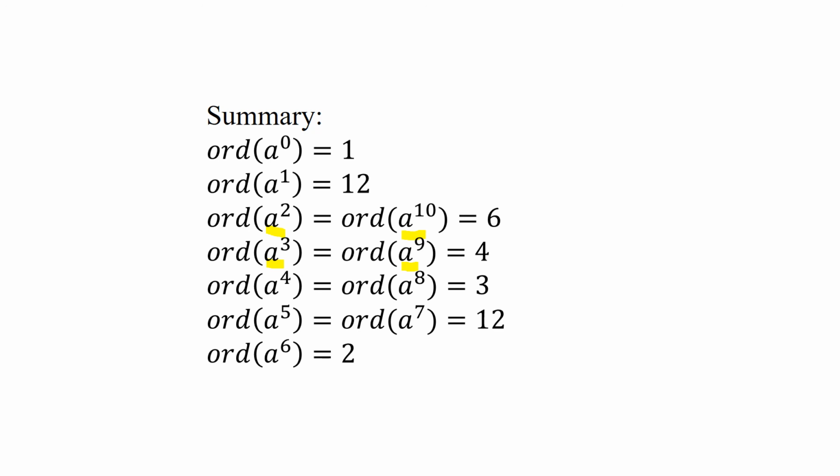I can't divide 12 by 5. So here I have to stop and think for a little bit. What could this mean? Same with 10. The order of A to the 10th is the same as the order of A squared. A to the 9th, same as the order of A cubed. So I'm not just dividing 12 by K. I have to divide 12 by something that is a divisor of 12, right? Because I have to get an integer for the order.